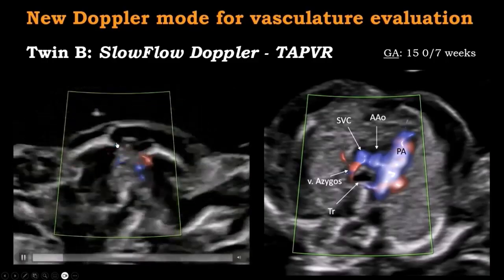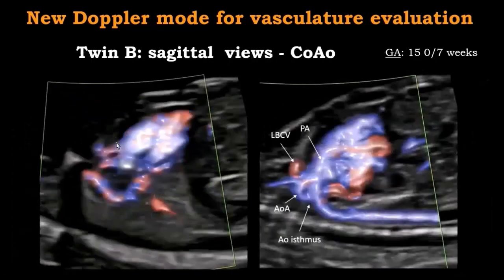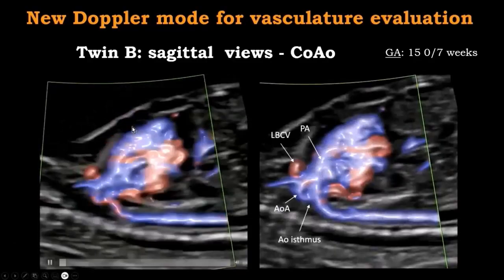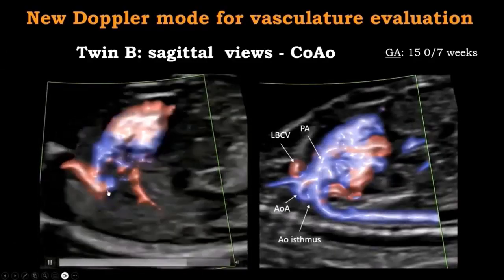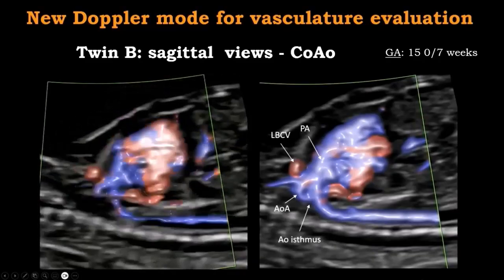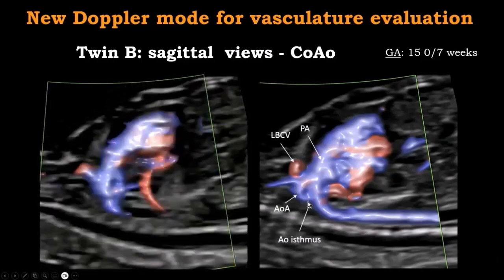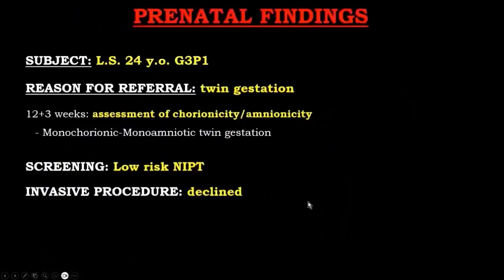So it was also a supracardiac total anomalous pulmonary venous return, and on the sagittal plane we were able to visualize not just that vertical vein and collector to the SVC, but also all the evidence of the hypoplastic aortic arch and the coarctation.